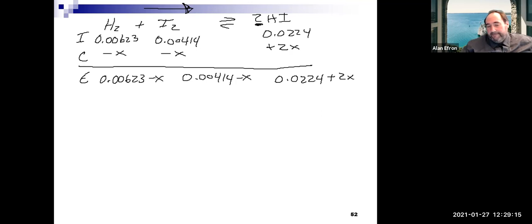Sometimes people are so used to writing minuses with x's at this point that they go minus here as well. So make sure it is plus here on the back end. Any questions on the ICE table?